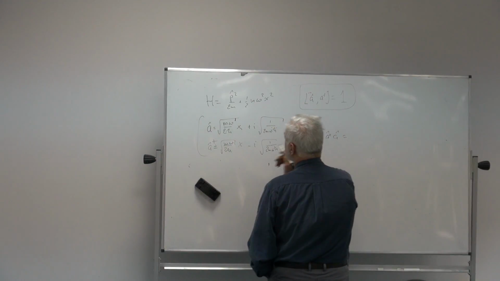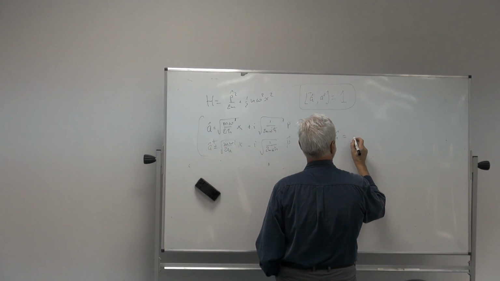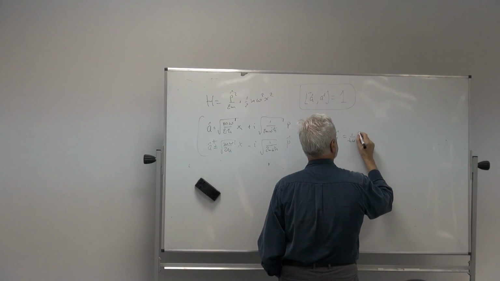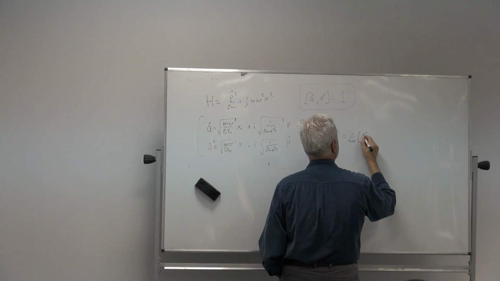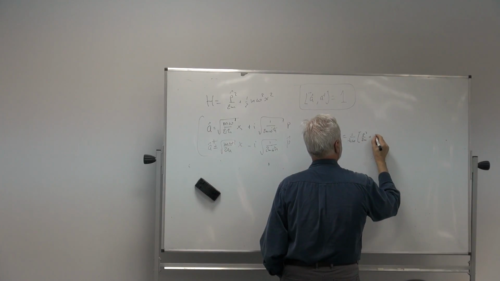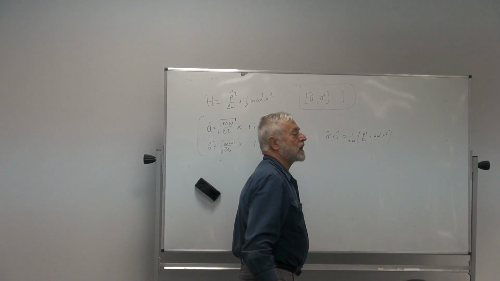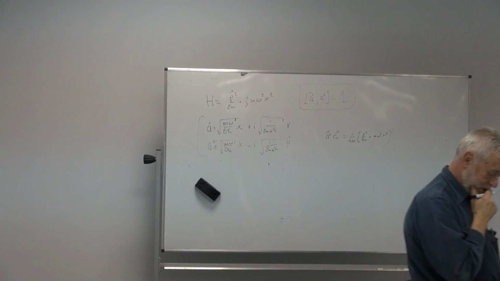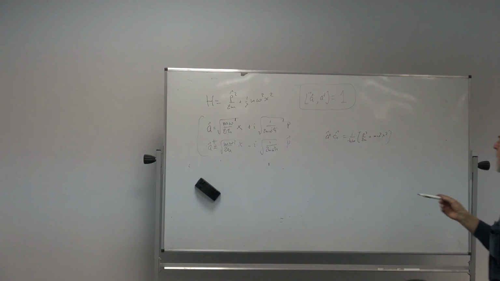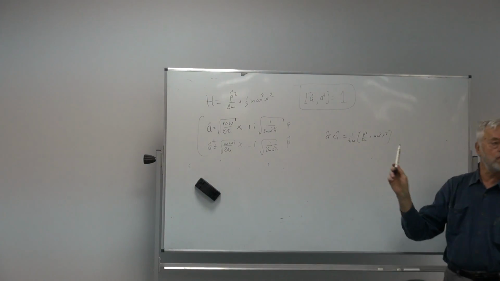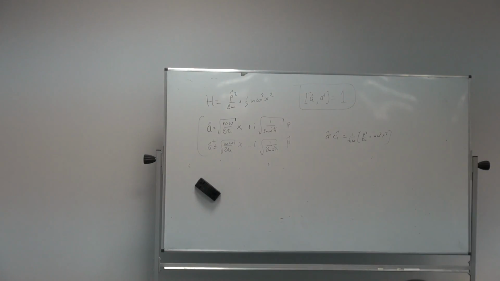I get almost 1 over h bar omega times p squared over 2m plus m omega squared x squared. Almost a Hamiltonian, except that again, multiplying these two guys, since they do not commute, I also get a contribution from the commutator.